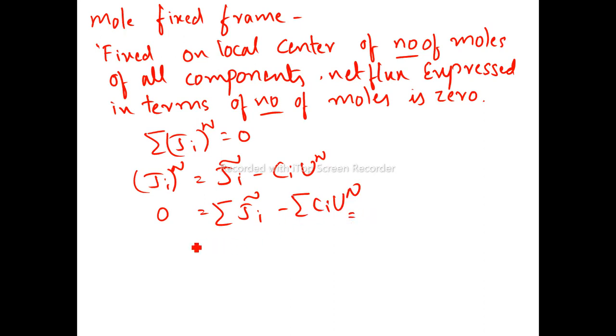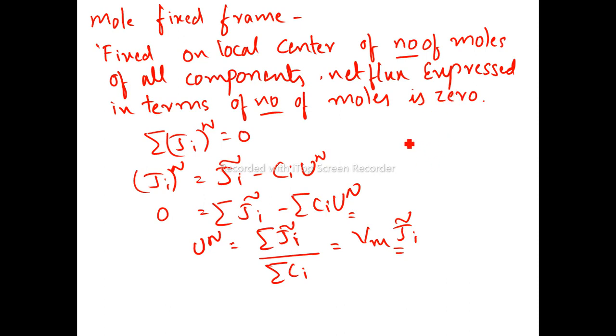Then Un, the velocity of an atom at a mole fixed frame of reference, is given by summation of Ji tilde to the summation of Ui. This can be written as molar volume and Ji tilde, right?